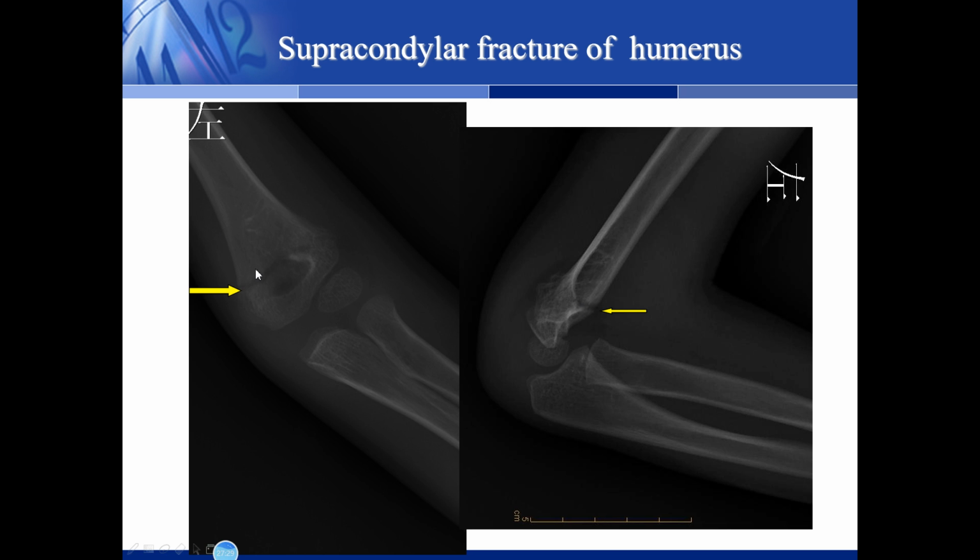This is an incomplete fracture because the fracture line does not extend the entire width of the bone, so we call it incomplete fracture. This is the fracture line, but not the entire width. So this is a supracondylar fracture of the humerus, and it's an incomplete fracture.